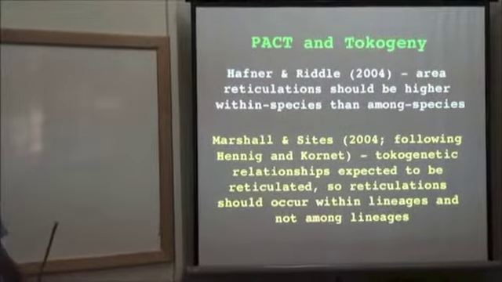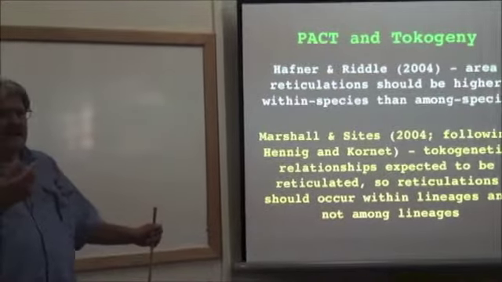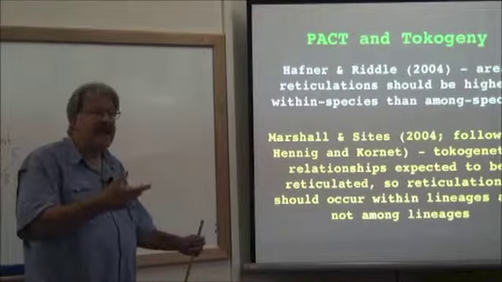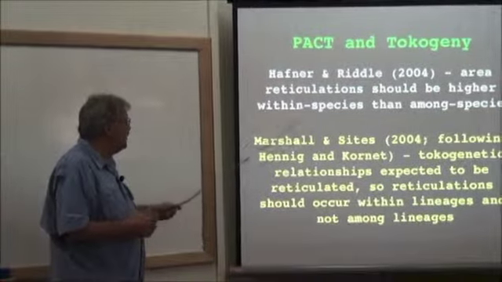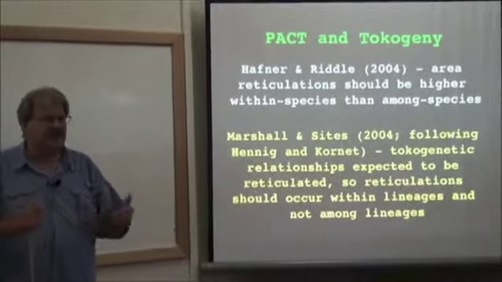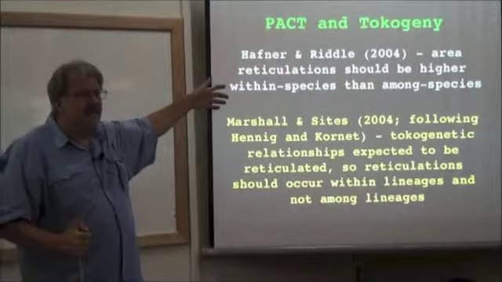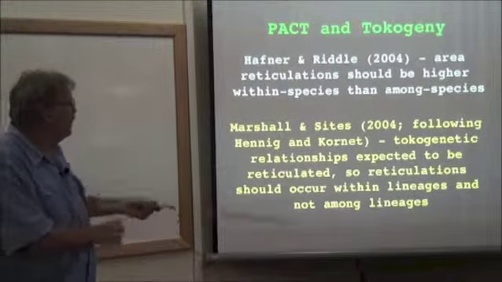So even if you believe that there's been a lot of hybrid speciation, you don't necessarily think that those events happen all the time. They happen rarely. And so if you see lots of reticulations, you're within a species. The problem is that they didn't have a methodology based on phylogenetic reasoning for looking at this.